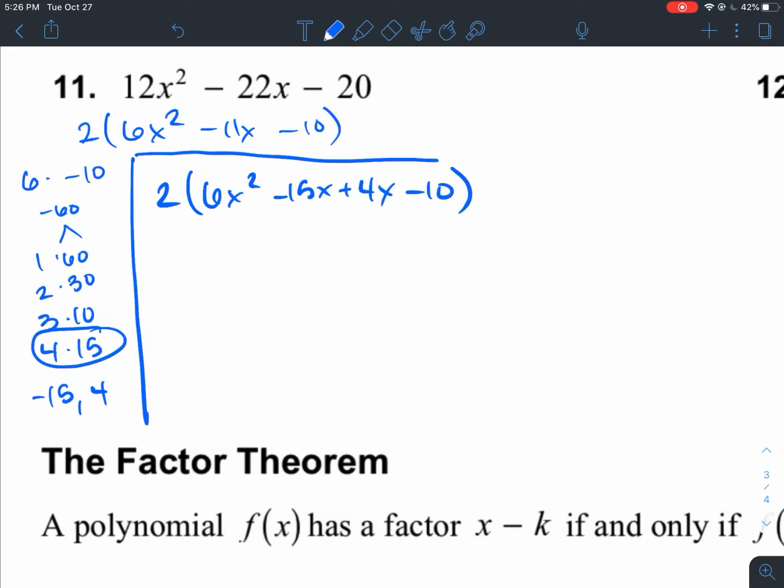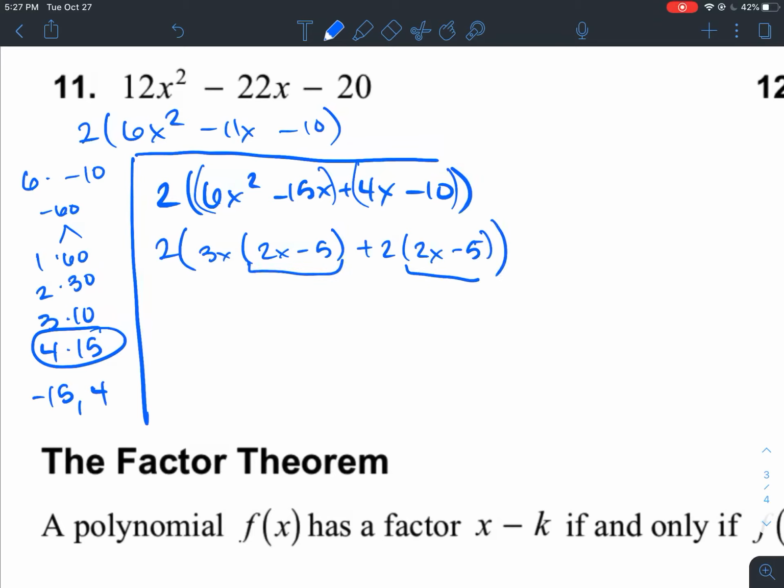So now I have 4 terms right here, and I didn't change my equation, so I can actually factor by grouping now. So here, between 6x squared and 15x, I can take out a 3x, and left behind will be a 2x minus 5. And then from these two terms, I can take out a 2, so plus 2, and I'll be left with 2x minus 5.